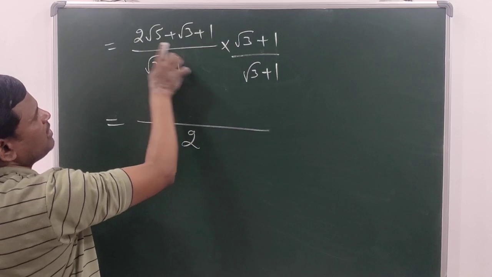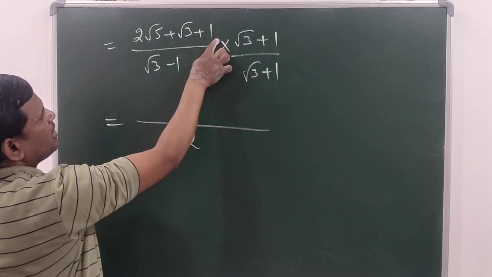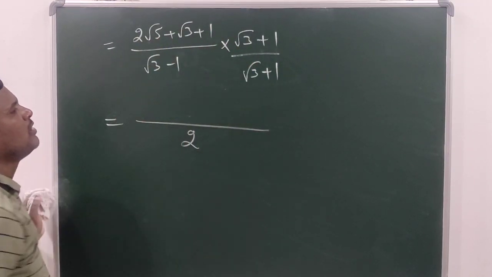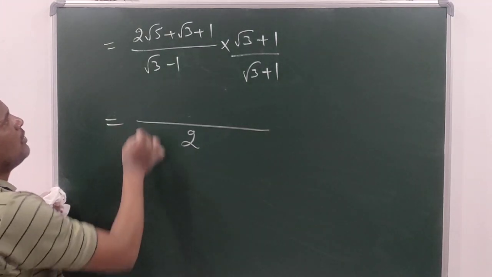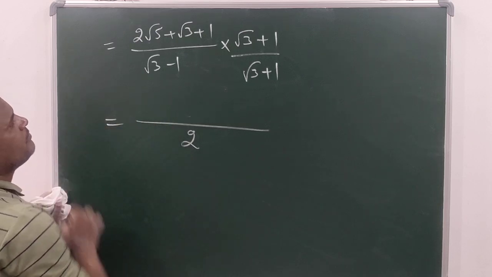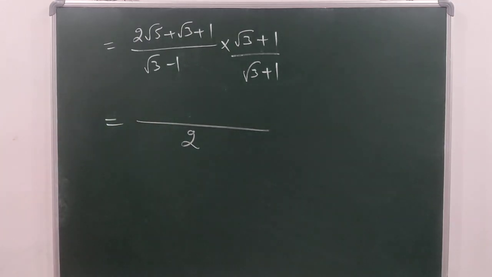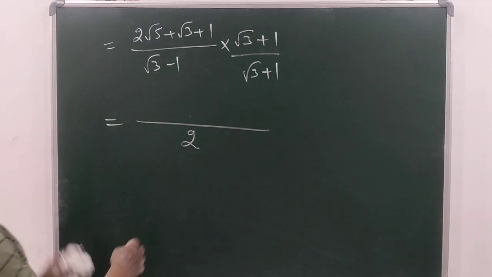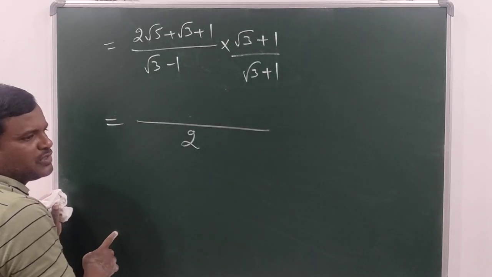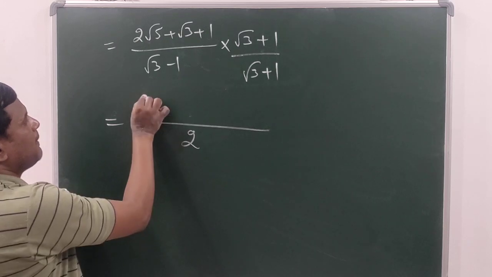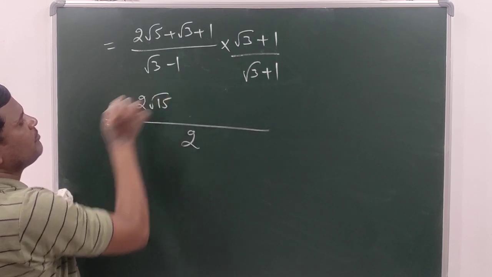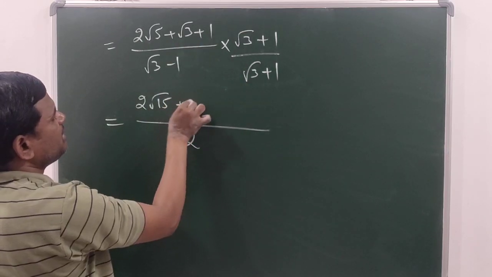Now take the product of this and this. I am multiplying this root 3 with these. So here what do you get? Students, tell me. 2 root 6, and here root 3 into root 3 is 3.